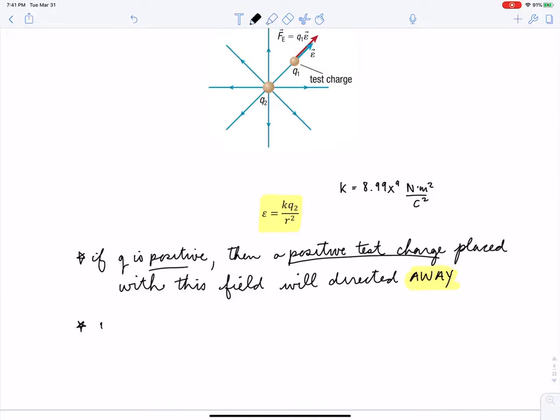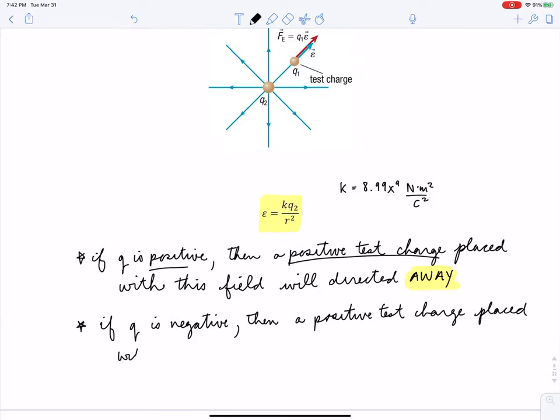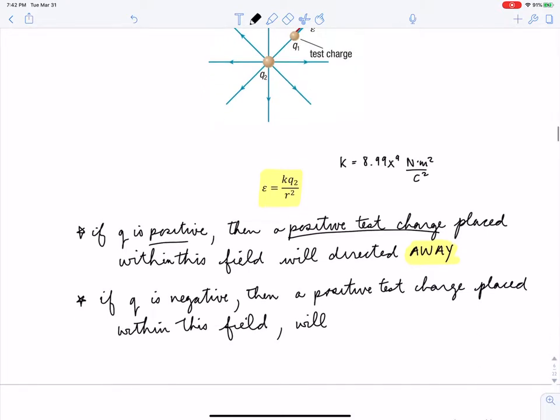Conversely, if Q is negative, then a positive test charge placed within this field will be directed towards it.